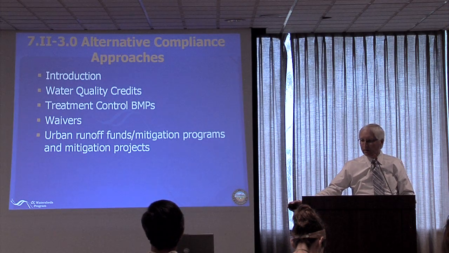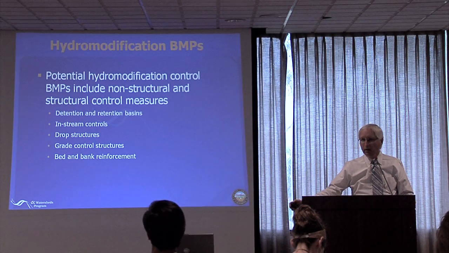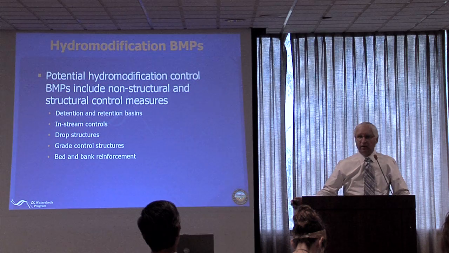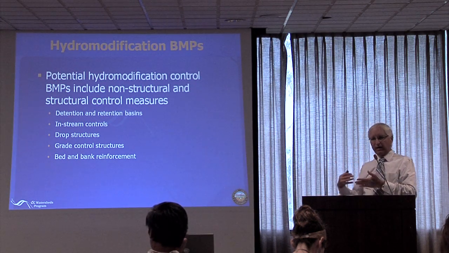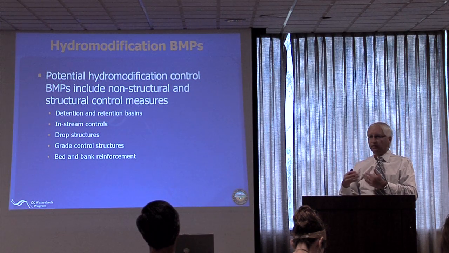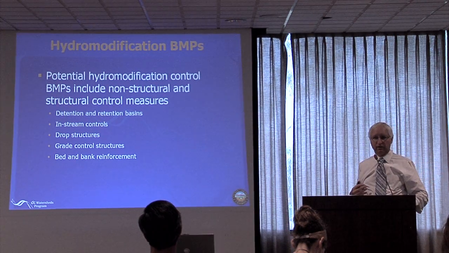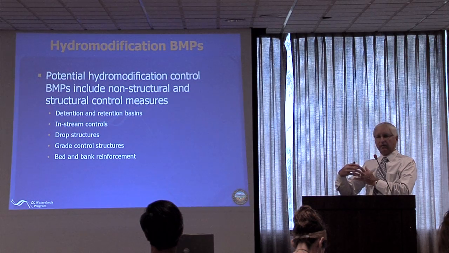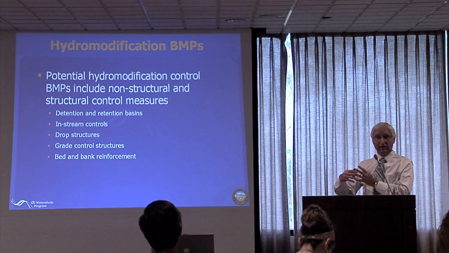Okay. Yes? Real quick, on the previous slide, drop structures. What exactly are we talking about? Well, so if you have a development that may create erosive conditions downstream as a result of the new flow, there are different ways to address that. One of which is to retain more flow on site and release it at a lower rate. One of which is to look at improvements in the downstream watershed that is already, in a lot of cases, already eroding and already susceptible.